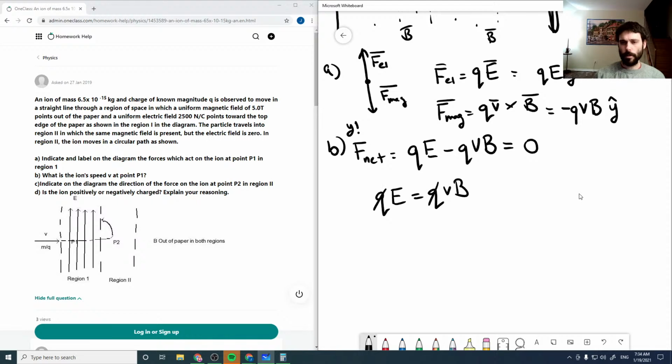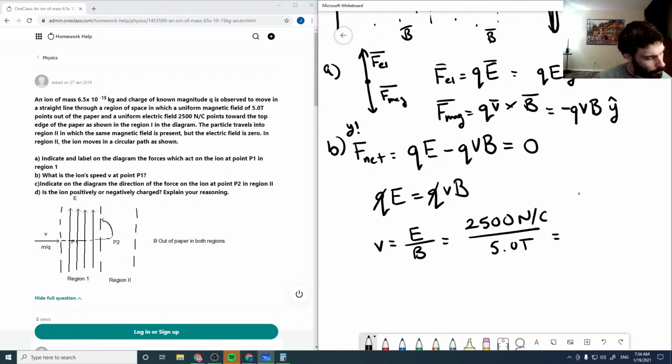We can see that the charges will cancel, and so our velocity is just E over B, and we're given that this is 2500 newtons per coulomb over 5.0 Tesla, which comes out to be 500 meters per second. So there's our speed.